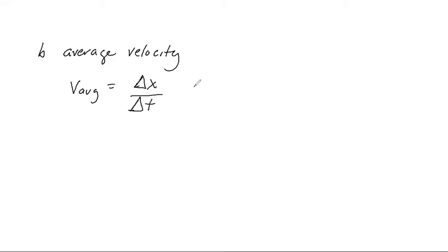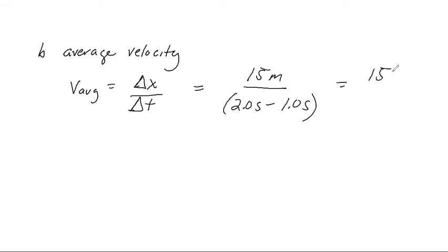This is going to be equal to 15 meters over 2.0 seconds minus 1.0 second, so 15 meters over 1 second, or 15 meters per second. Note the units of velocity are meters per second here. That would be the average velocity between those time intervals.